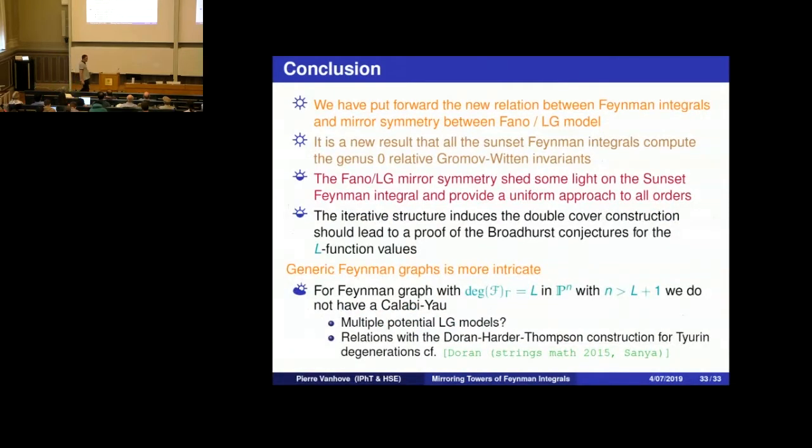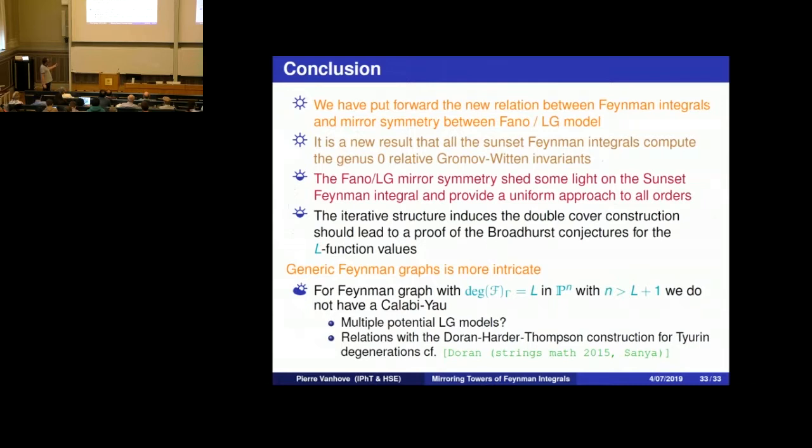So this is precisely the recasting, a new way to see what Feynman integrals are. Feynman integrals are, at least for the sunset, a realization: they are period integrals that realize the mirror symmetry between Fano and Landau-Ginzburg model when the Landau-Ginzburg model is associated with the graph polynomial.